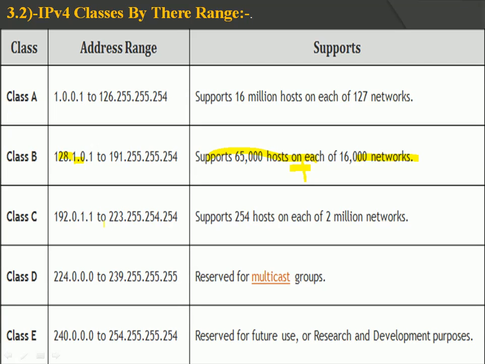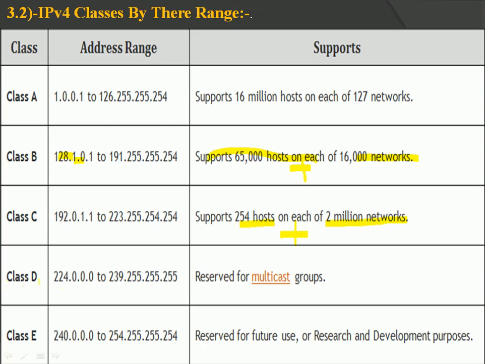The third one is class C. Class C range starts from 192.0.1.1 to 223.255.254.254. It supports a total of 254 hosts and 2 million networks. So guys, the total number of IP addresses is their addition.